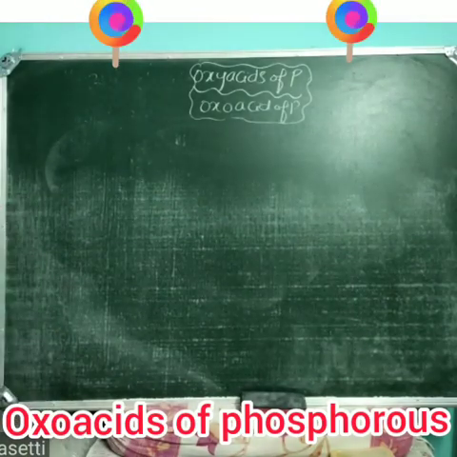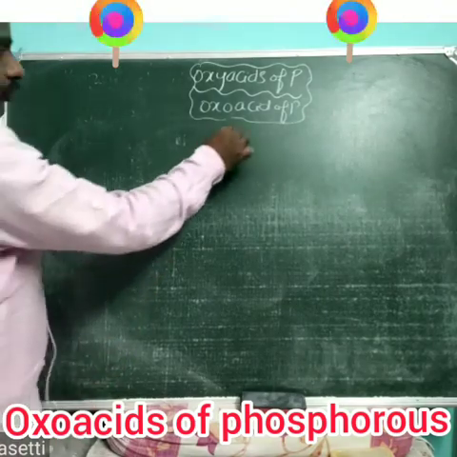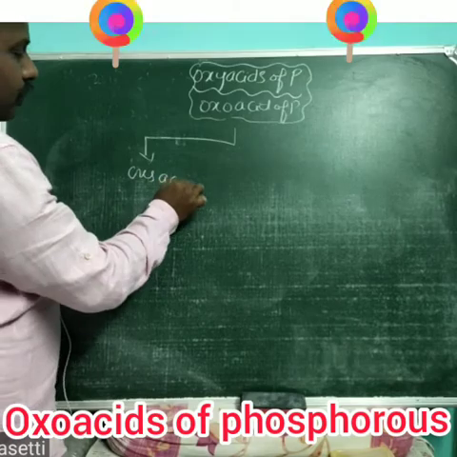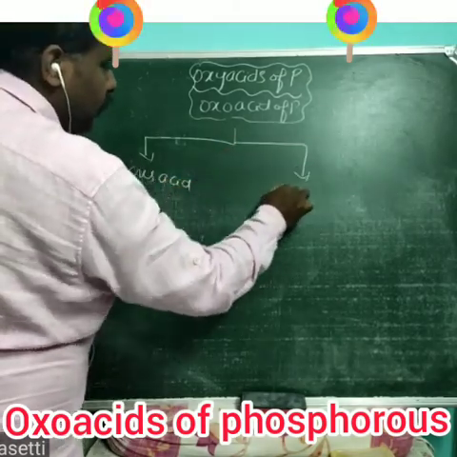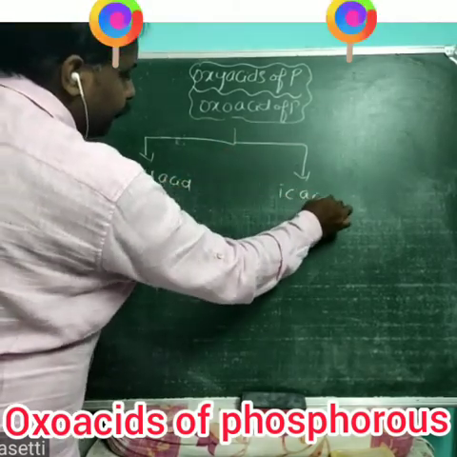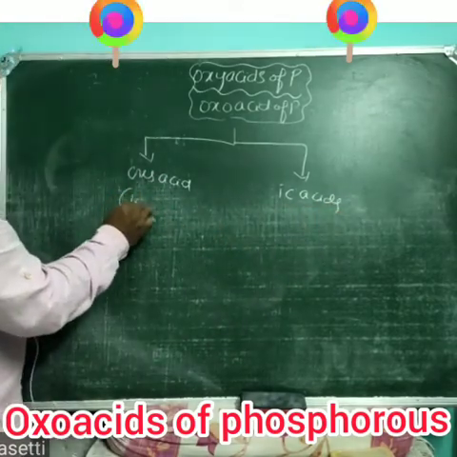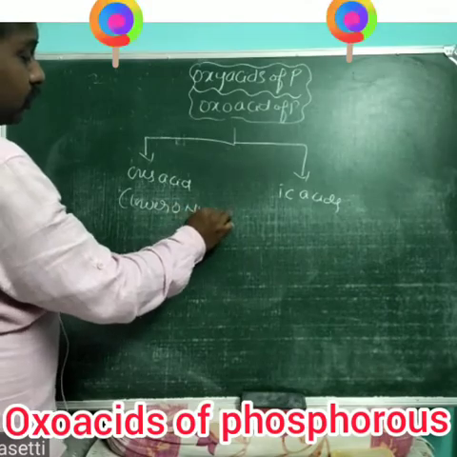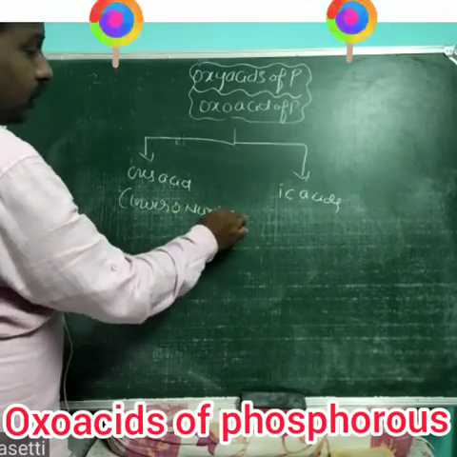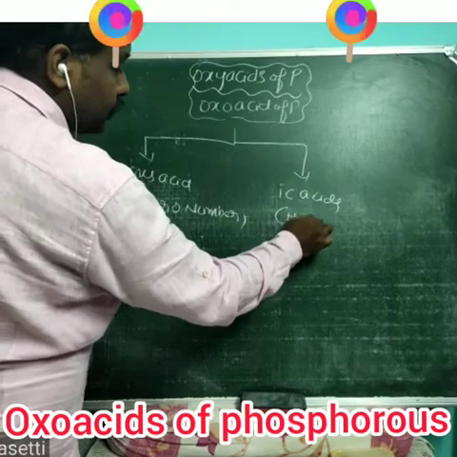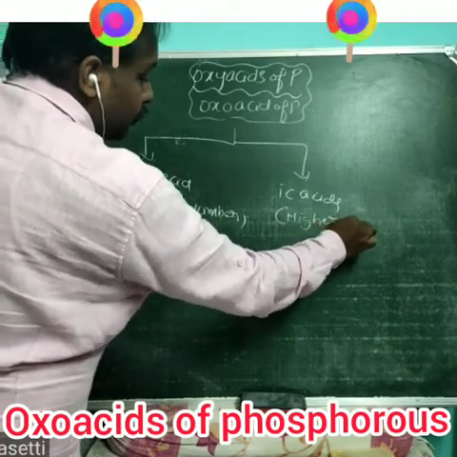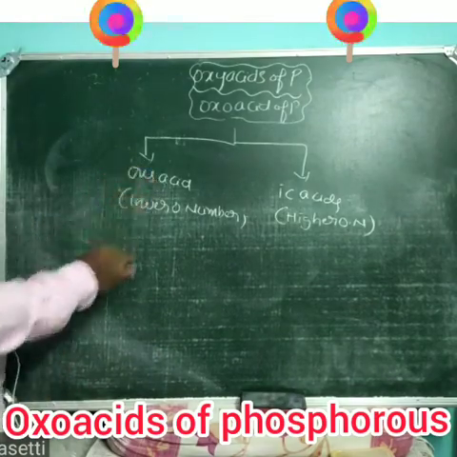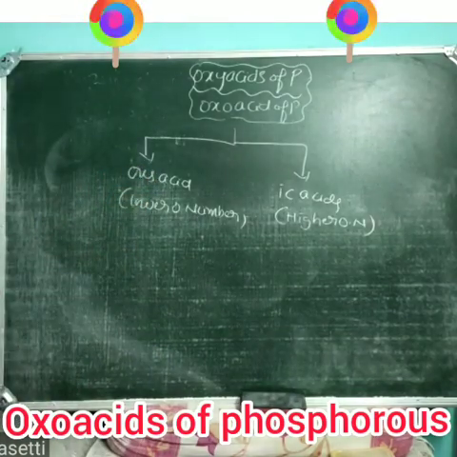These oxyacids are classified into two types. One is ous acid and another one is ic acid. Ous indicates a lower oxidation number, ic indicates a higher oxidation number.